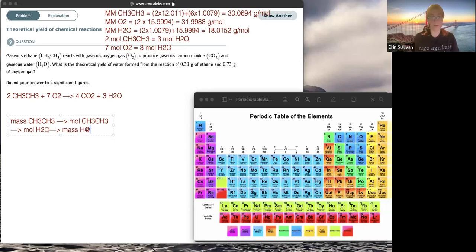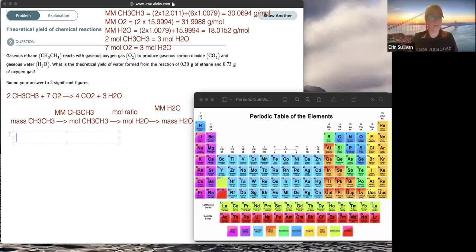Okay, so my conversion factor between mass and moles of C2H6 is going to be the molar mass of C2H6. And then between the moles of C2H6 and the moles of water is going to be my mole ratio between those two. And then I'm going to need the molar mass of my water to convert between the moles of water and the mass of water. Okay, so let's do it then.